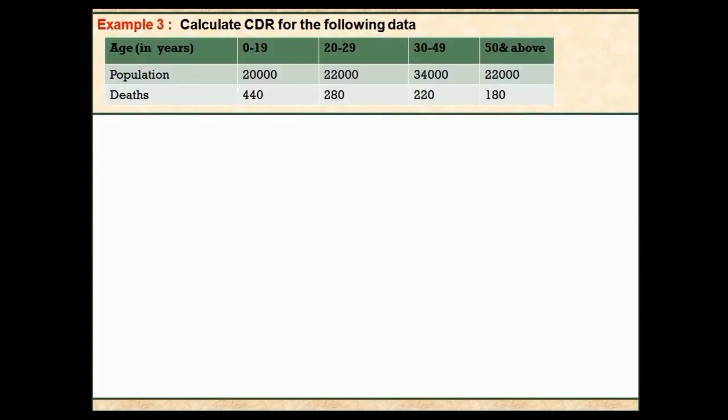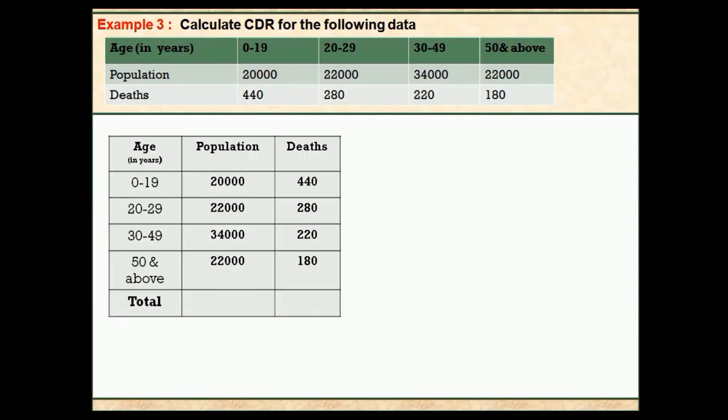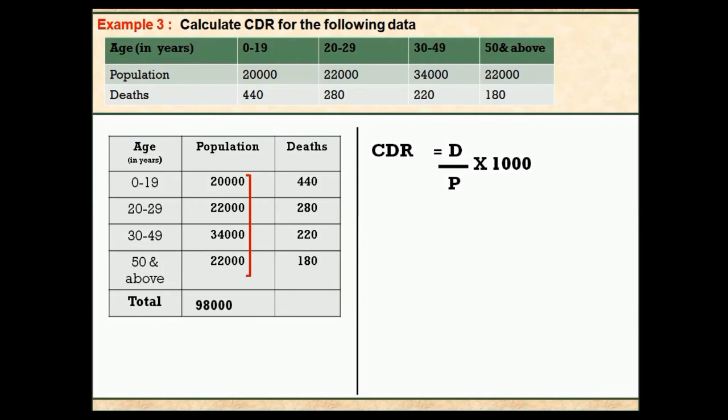Example 3. Calculate crude death rate for the following data. Age, population and deaths are given. We need to redraft the table. To calculate CDR, we have the formula D divided by P into 1000. Before calculating the CDR, first we need to calculate the total of population, which is 98,000.